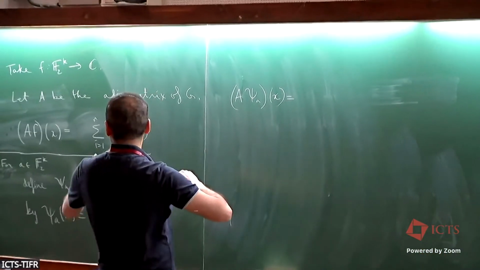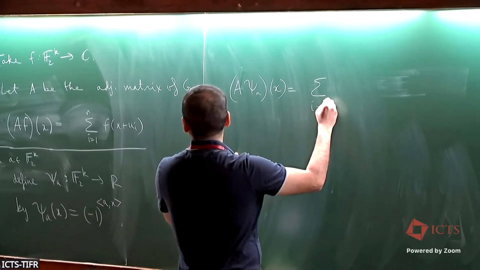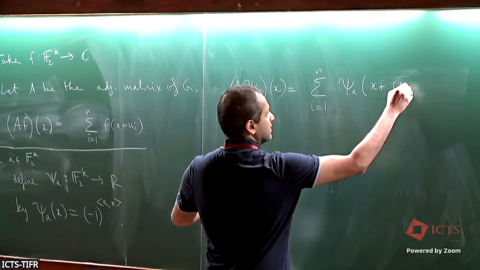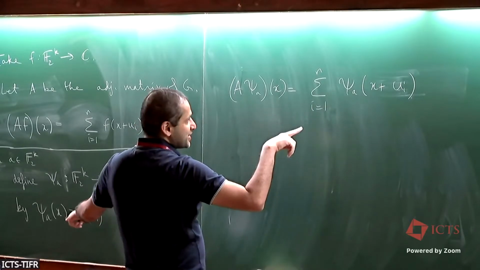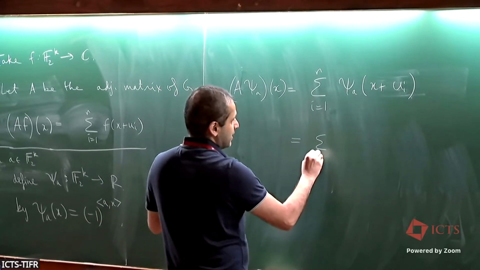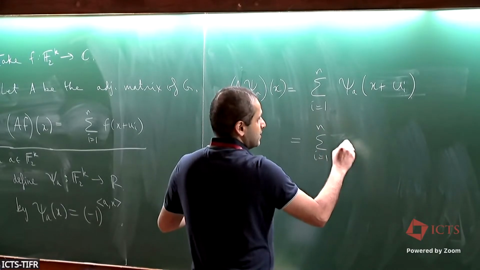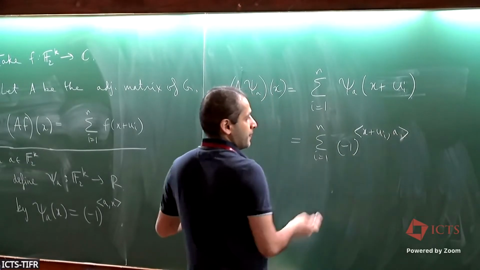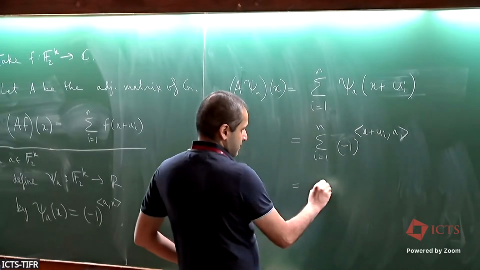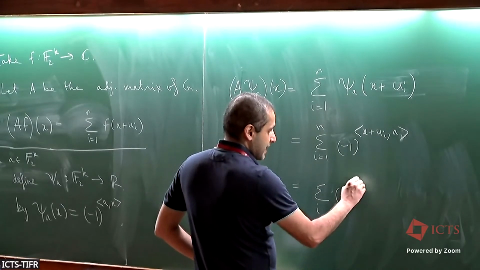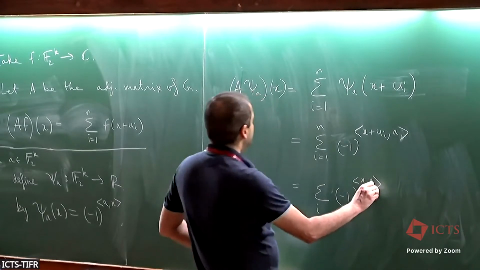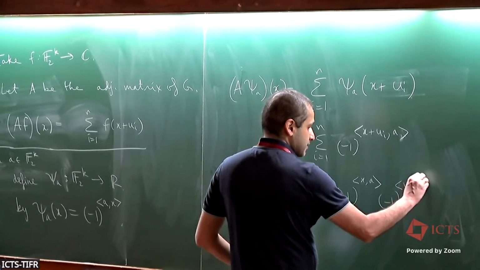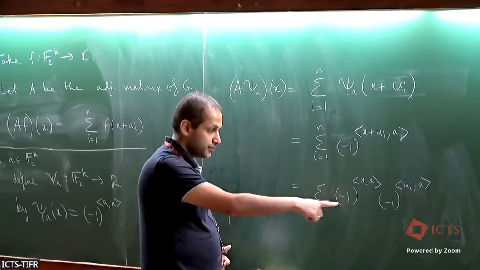So let's see what A psi A of X equals. This is equal to the sum over all i going from 1 to n of psi A of X plus ui. And now the clever choice of psi A is going to play a role. This is the sum of -1 to the X plus ui inner product A, which is -1 to the X inner product A times -1 to the ui inner product A. And this is a common factor, so I can take it out.